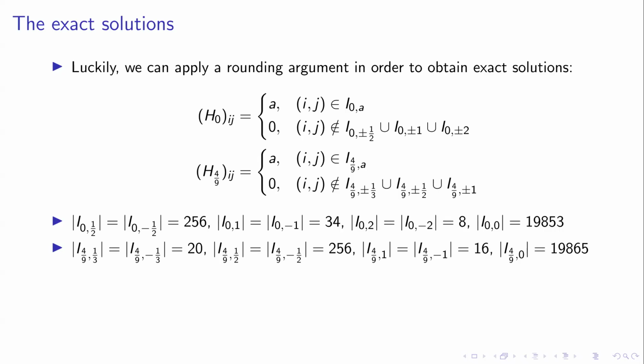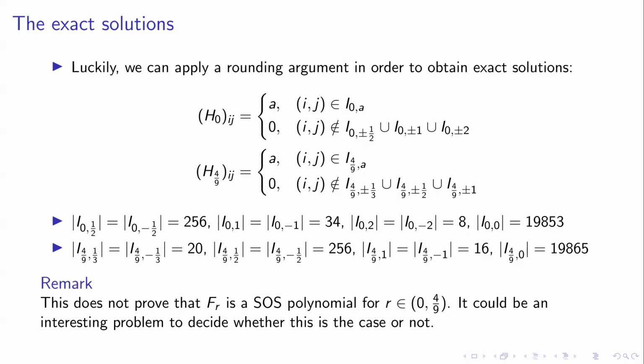It is easy to check that they are exact solutions that satisfy the system and they are non-negative, and so you're done. You have that f0 and f4/9 are sums of squares, and all the polynomials in between are non-negative. One last remark is that this doesn't prove that the other fr are sums of squares.